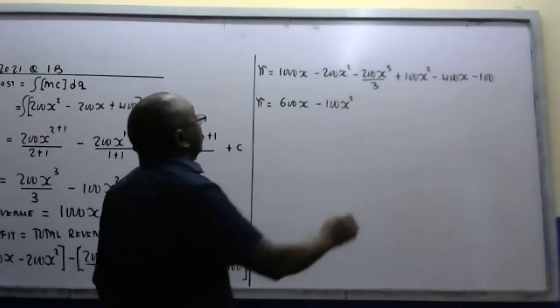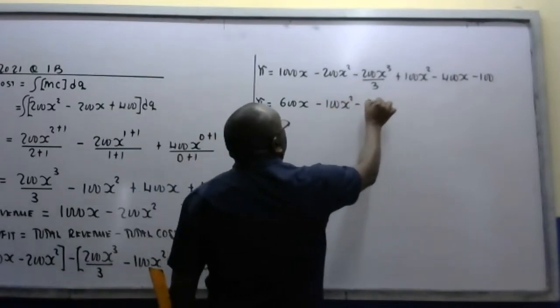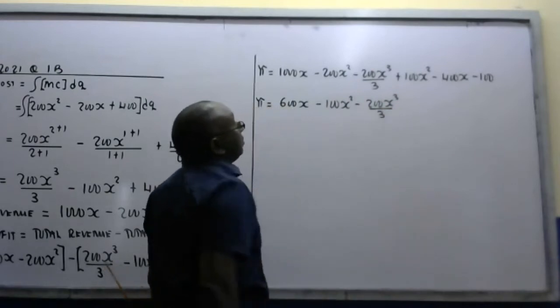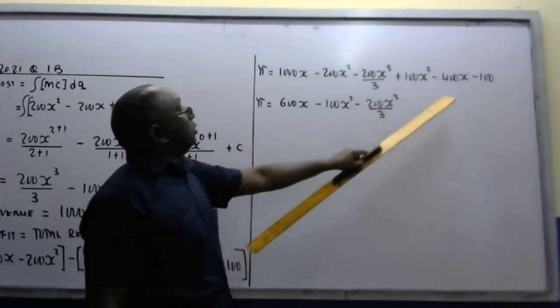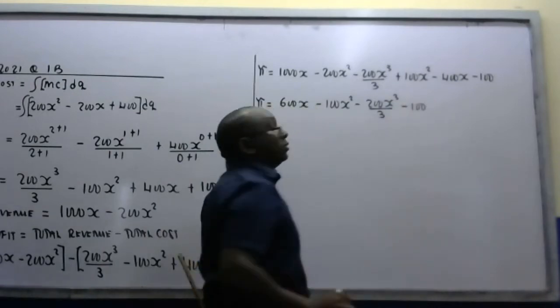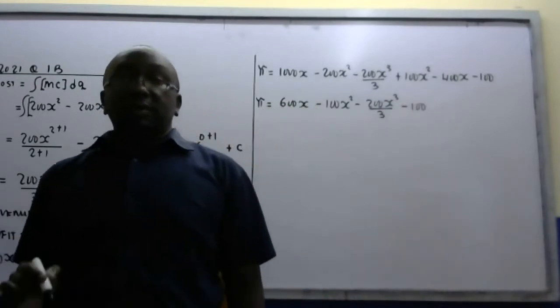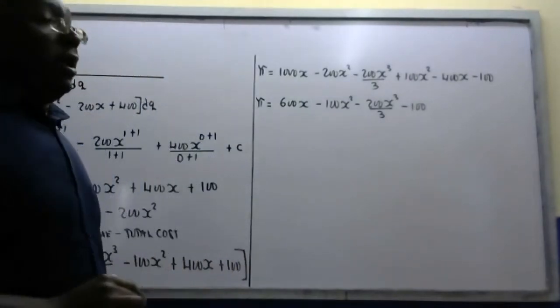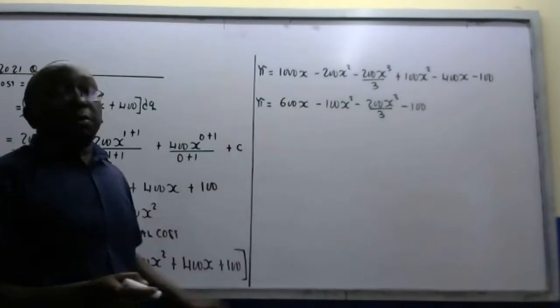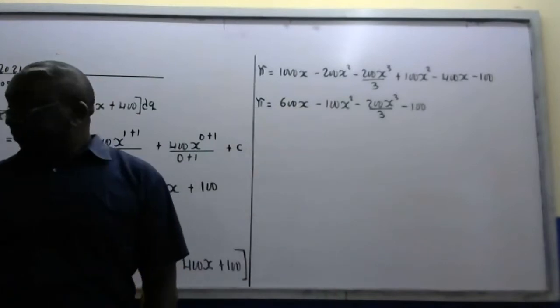Then minus 200x cubed out of 3. And then the minus 100 is on its own. So that is the total profit function.